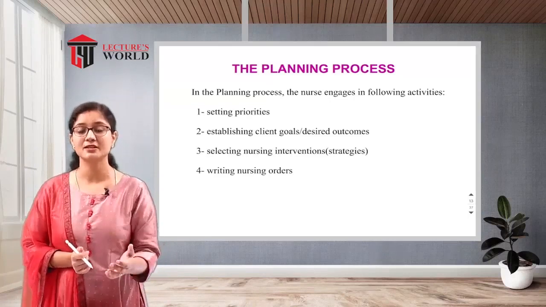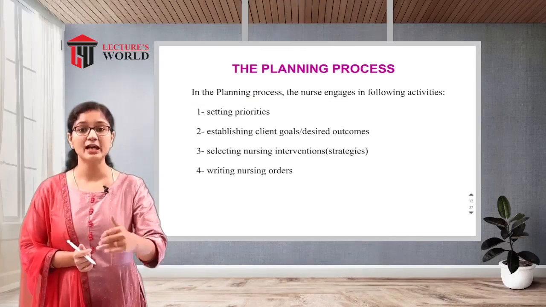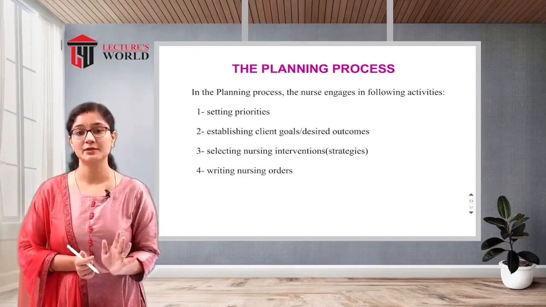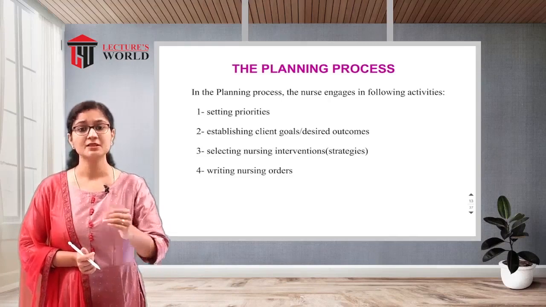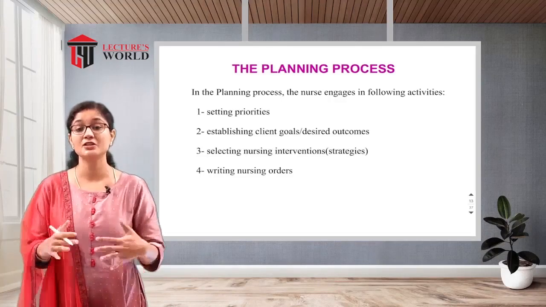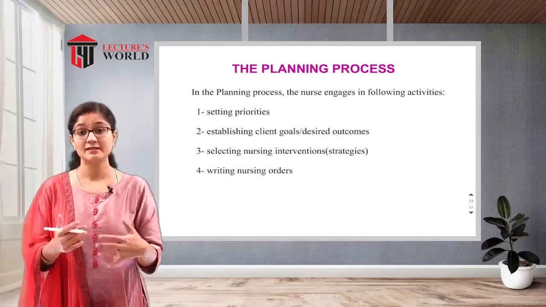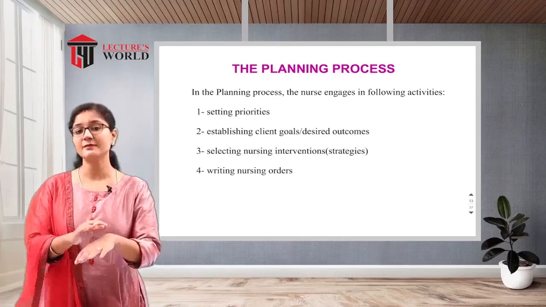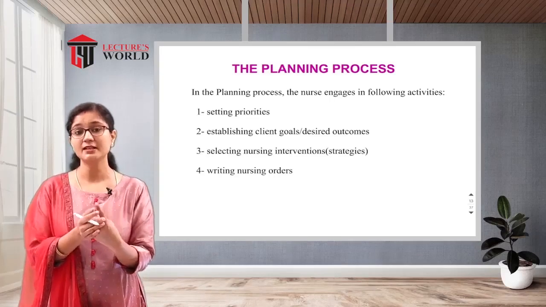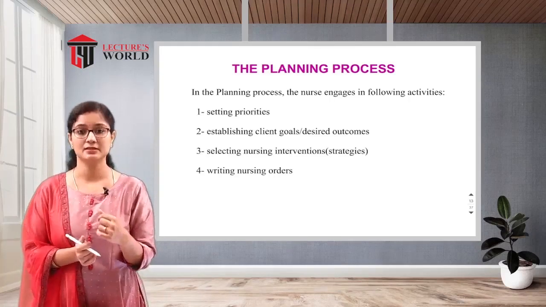This is called priority. The same thing here also, we have to give priority to the care which has to be taken for the patient. For example, if a patient is complaining, I am having breathing difficulty, मुझे सांस लेने में तकलीफ हो रही है, and then he is also saying I am having pain in my hand. So what is the first problem I will take care of? The breathing difficulty.